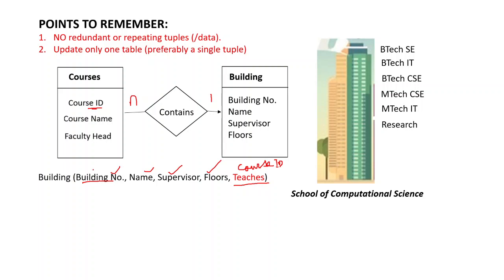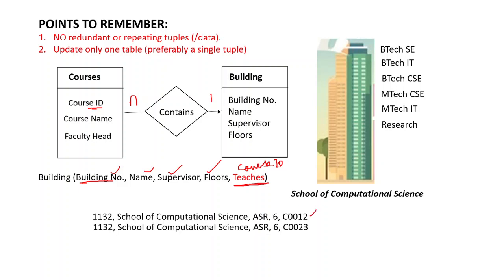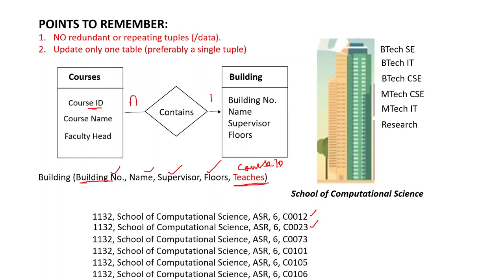And since a primary key has to be unique, along with building number, teachers also has to be the primary key. So together, building number and teachers is your primary key for this building table. Then we say this is for BTech SE, this is for BTech IT, and so we are adding these many tuples.